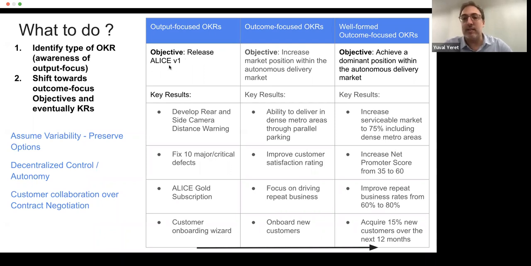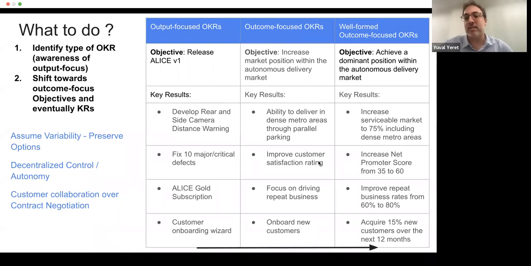There might be other things that achieve this outcome better. And you can see that the key results change from fixing, let's say, 10 major critical defects to actually what we want is to improve the customer satisfaction rating. That's the outcome we're looking for. The next level would be to make the key results not just outcome-oriented, but also quantifiable.